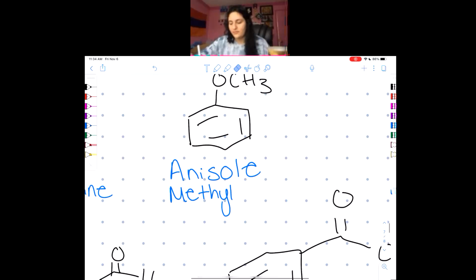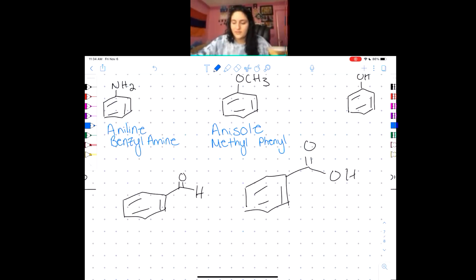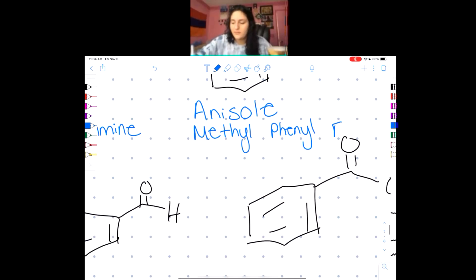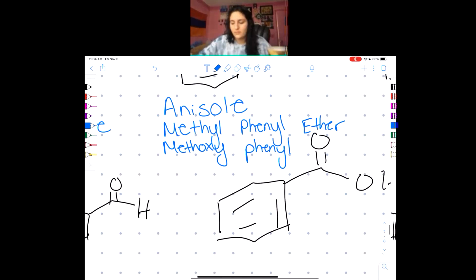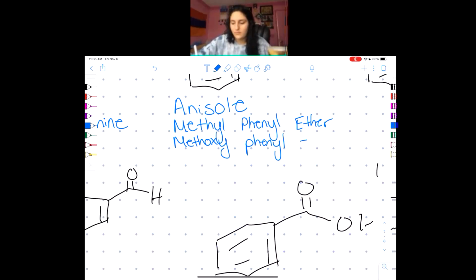Actually, it's going to be methylphenyl, just because it's directly attached. Methylphenyl ether. Or the other option will be methoxyphenyl ether.